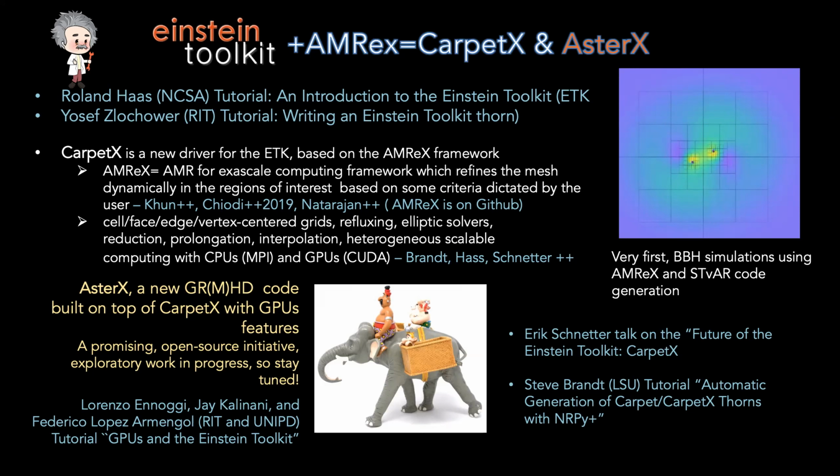The AMReX framework is a DOE-funded project that was developed by a number of people, which I mention on a slide. It's available on GitHub, and it provides a set of libraries for more efficient AMR. But it also provides the ability to do GPU calculations, for example.